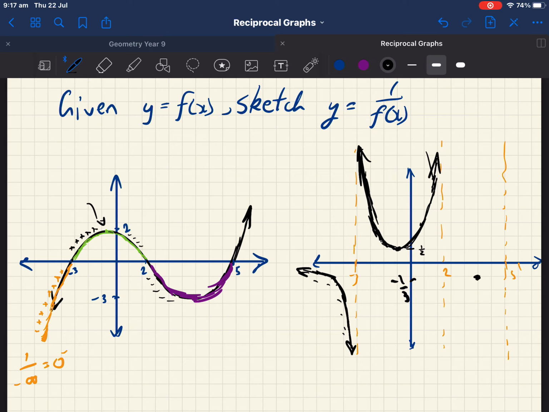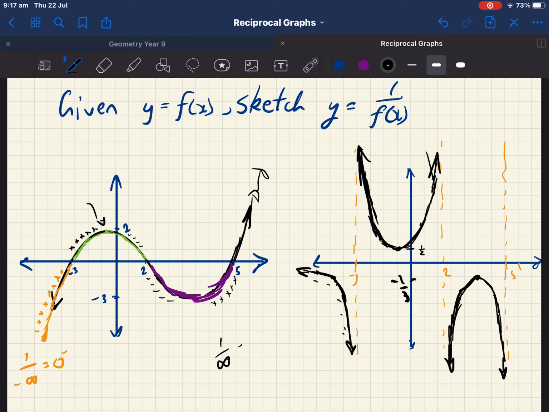On the left-hand side, f of x was decreasing, so our reciprocal is going to be increasing from left to right. It had to increase, which means it had to come from negative infinity. And then f of x had positive values there, so our reciprocal had to have negative values. It went back down to negative infinity as you approach the next vertical asymptote.